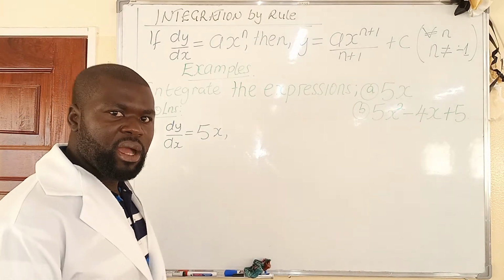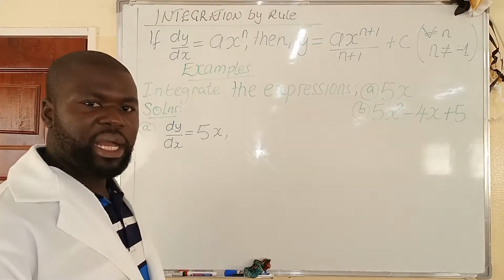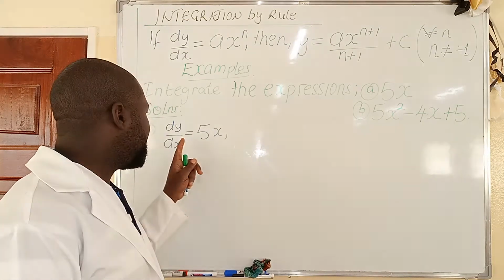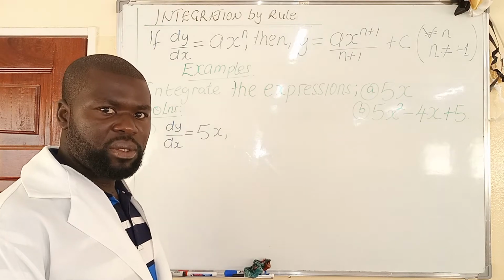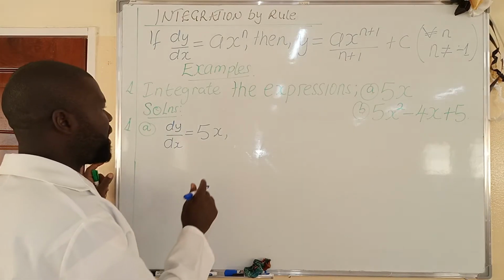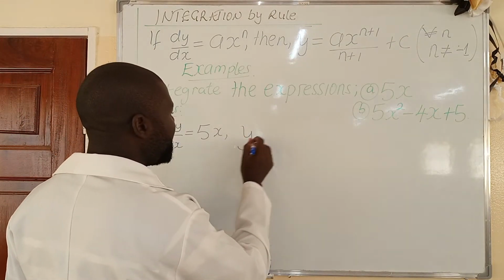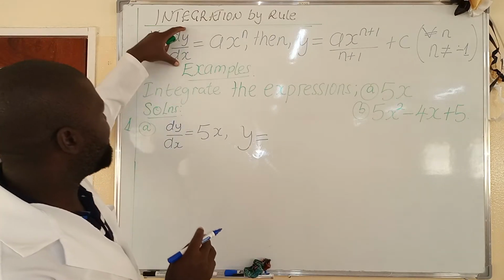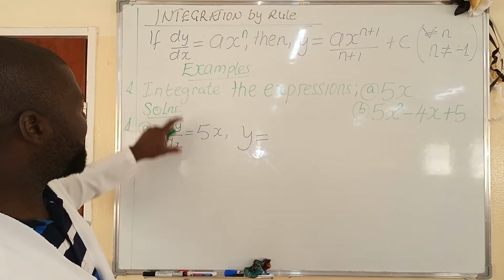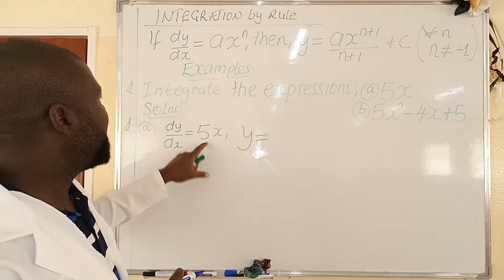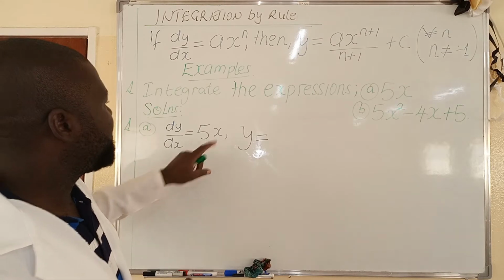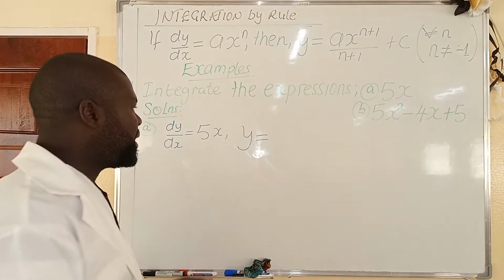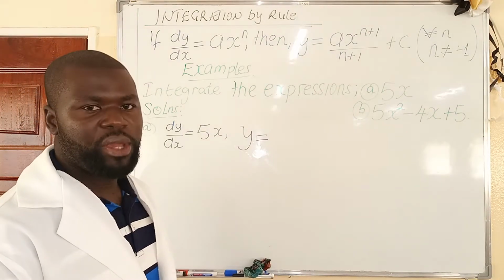Now we have to get back our function y, from which this dy/dx was gotten. So when we are given our dy/dx as 5x, we are supposed to integrate by the rule that we have.